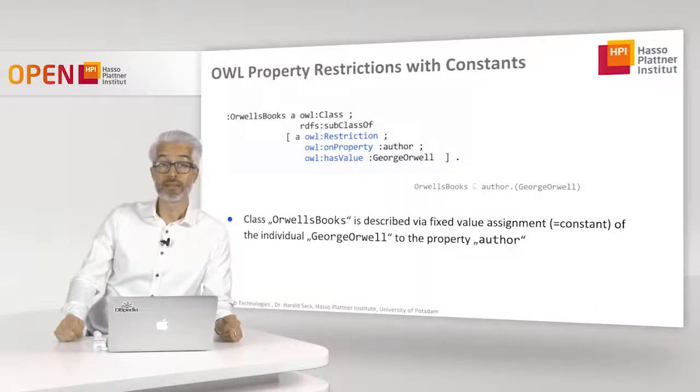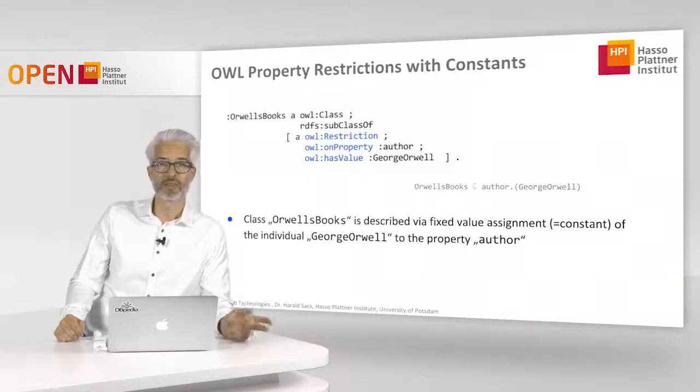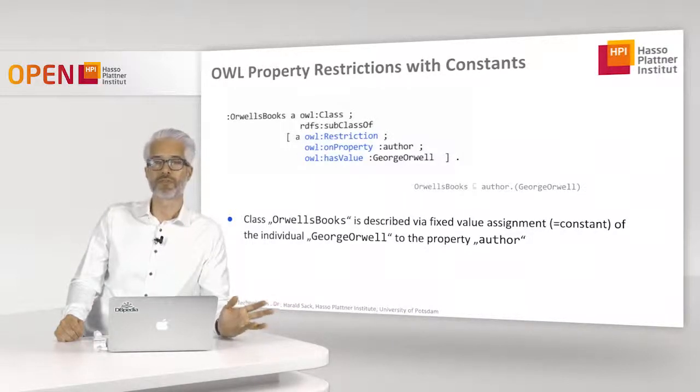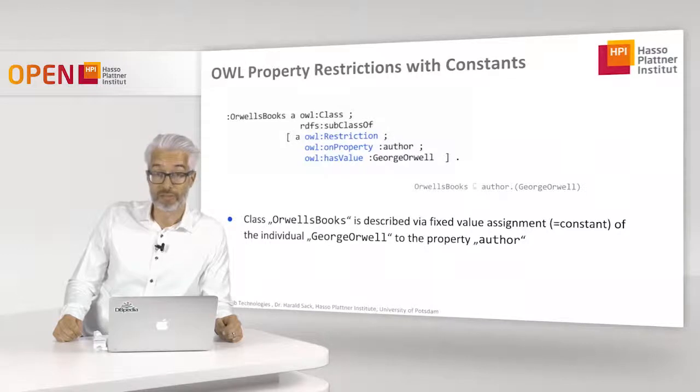And here I say this must have the value George Orwell. So I restrict the class that I define here, that on the property author it is only allowed to have the value George Orwell. The class Orwell's books is here described via fixed value assignment, which is a constant of the individual George Orwell to the property author. So this was pretty easy.